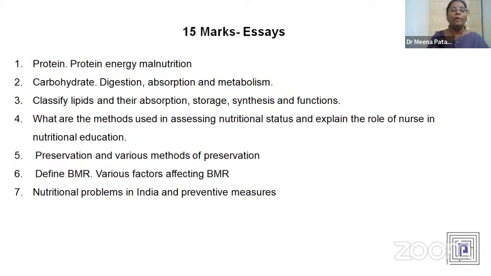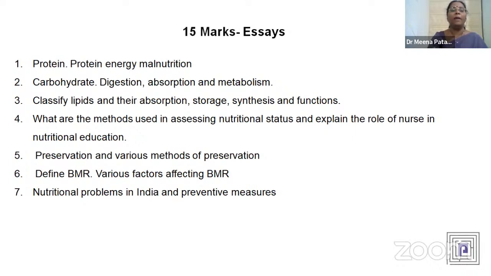And for carbohydrates, again, an introductory para of 10 to 12 sentences about what carbohydrates are, their role, why they are needed, the types of carbohydrates present, which are the important carbohydrates, and a few functions of carbohydrates.